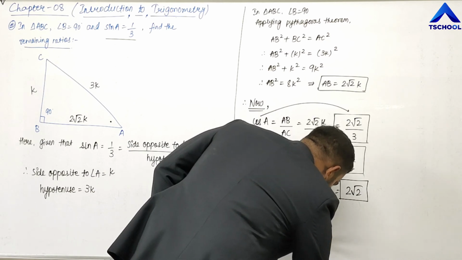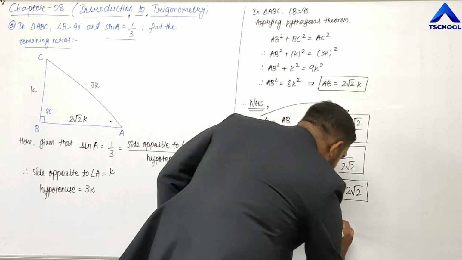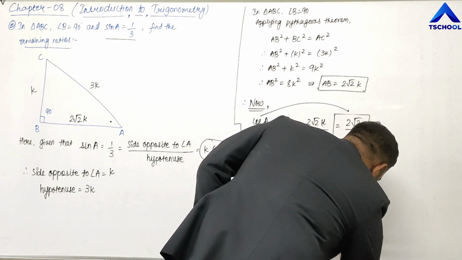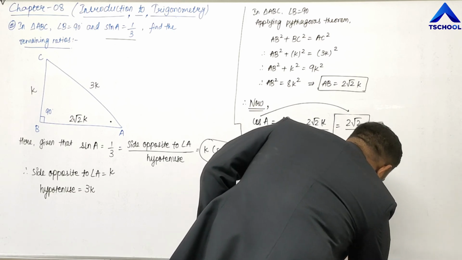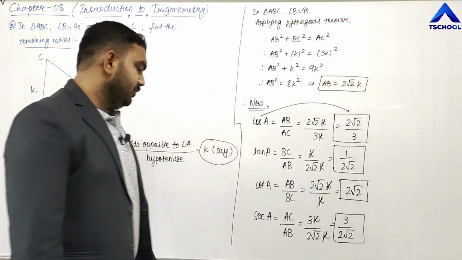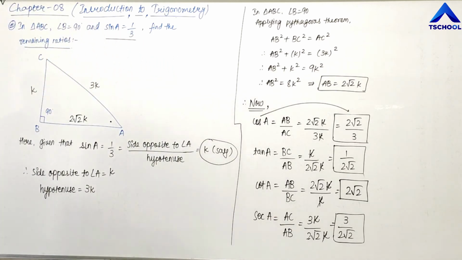So 3k upon 2 root 2 k, k and k are cancelled, and that is equal to 3 upon 2 root 2. So we got our fourth ratio, that is sec A is equal to 3 upon 2 root 2.